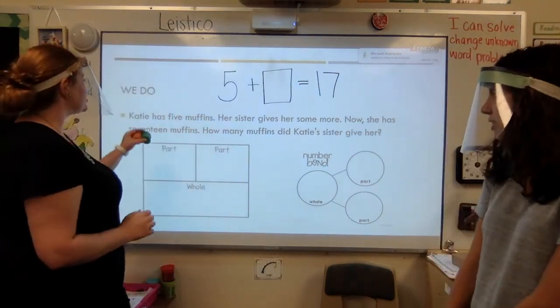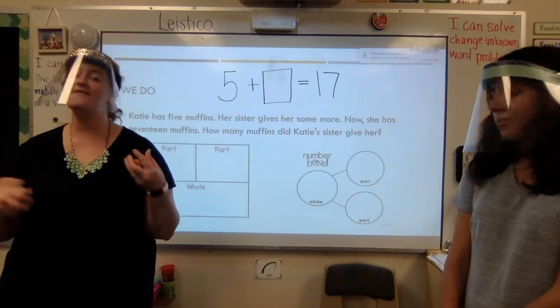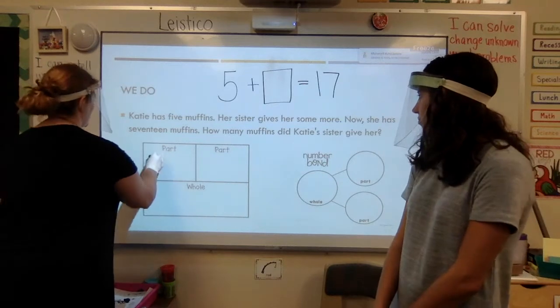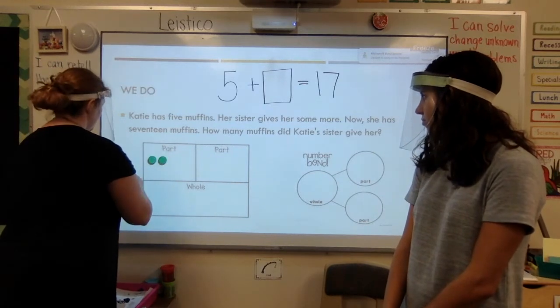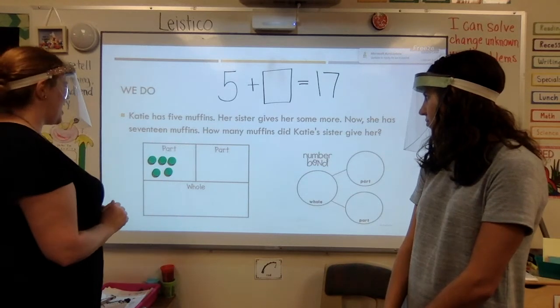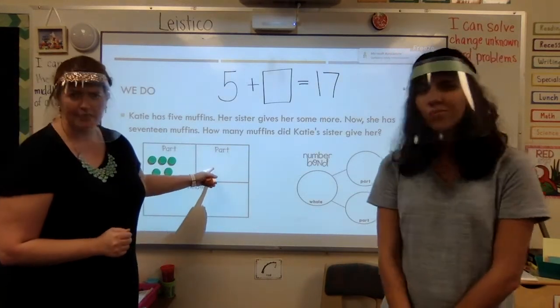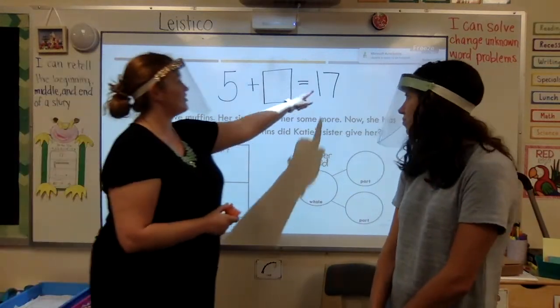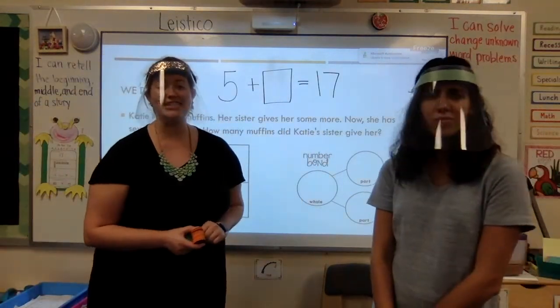Let's see, Katie started with 5 muffins. That's my first part. So I'm going to put 5 in my first part. 1, 2, 3, 4, 5. Okay, and I don't know my second part. I don't know how it changed. But I do know that in the result, she needs 17.